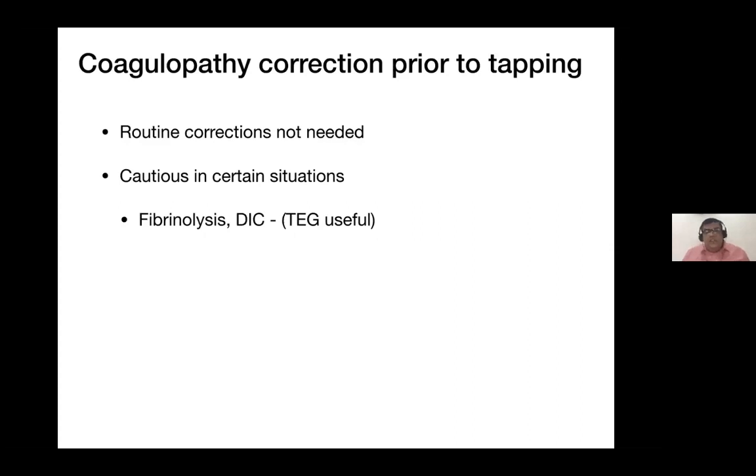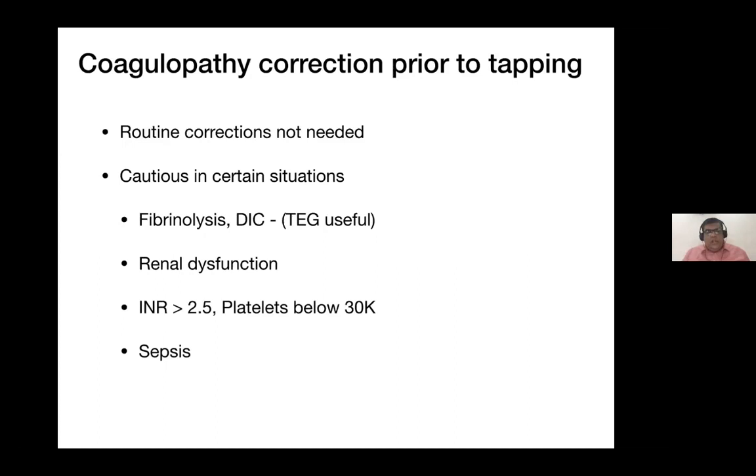If the INR is more than 2.5 and platelets are below 30,000, then you have to be cautious. And I personally would do a TEG in these patients before I go ahead with tapping. In the presence of sepsis, again, because they have low-grade DIC or fibrinolysis, therefore, you have to be extra careful.